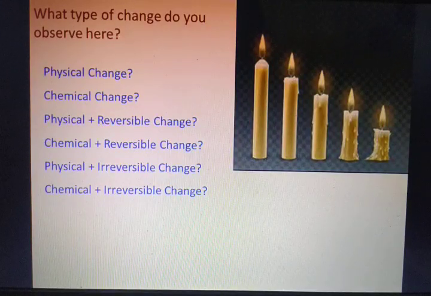No. Because if you see your book, it has so many numerous changes: natural change, artificial change, desired change, undesirable change, fast change, slow change, periodic change, non-periodic change, physical change, chemical change, reversible change, irreversible change. If I have to mention this precisely, exactly to the point, what type of change do you observe?